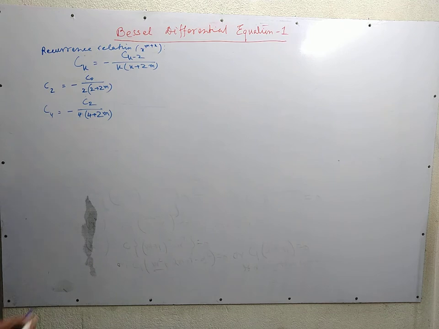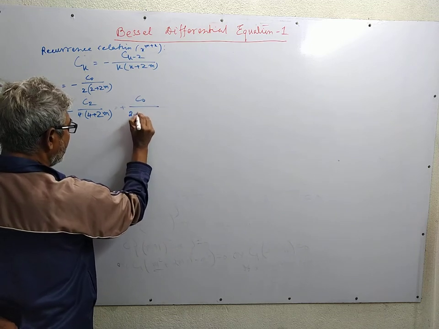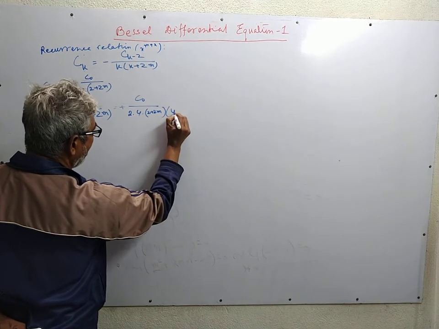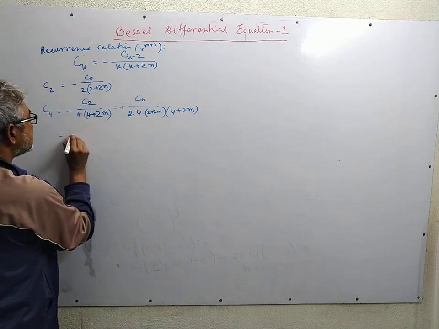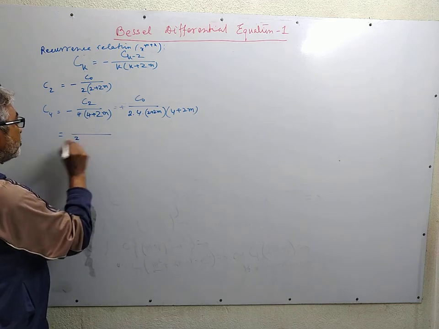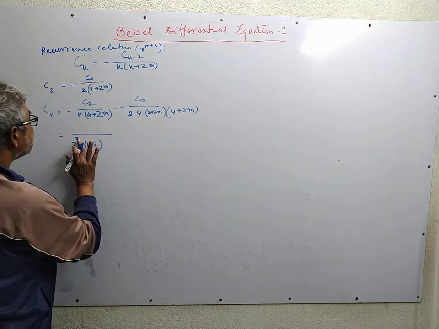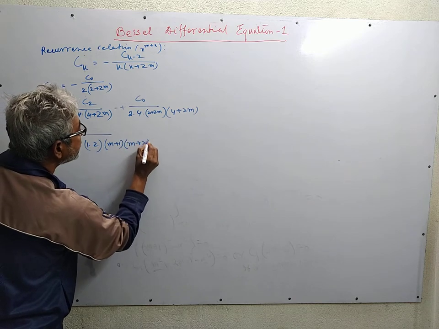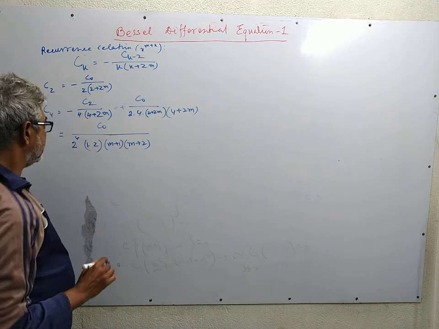If we substitute the value of C2 over here, we get plus C0 over 2 into 4 into 2 plus 2m into 4 plus 2m, which can be written as, in the denominator, if we take 2 common, 2 to the power 2 into 1 into 2, and if we take 2 common from both of them, then it becomes 2 to the power 4 times m plus 1, m plus 2, and in the numerator we have C0.